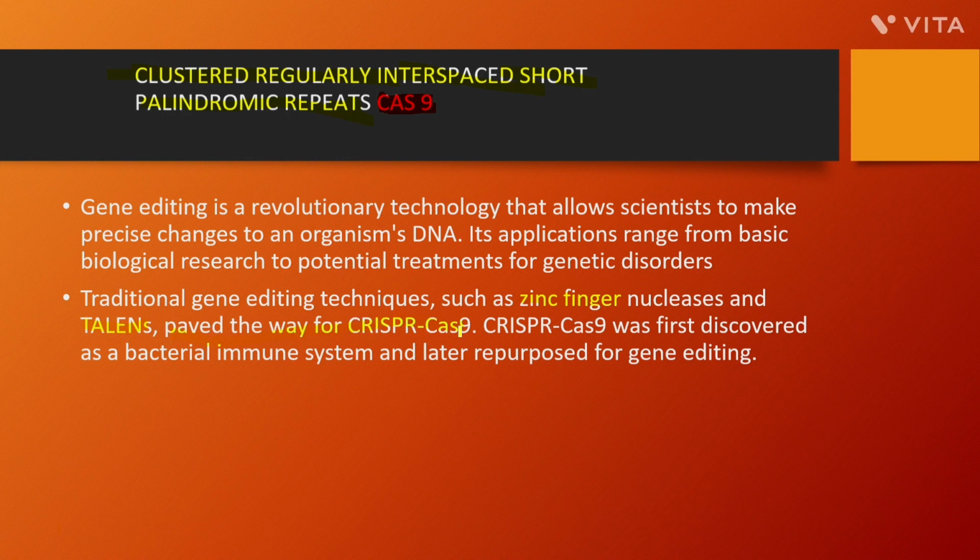CRISPR-Cas9 is basically a part of the immune system which is seen in bacteria. So we are going to see what exactly is CRISPR-Cas9 and how scientists have discovered it.